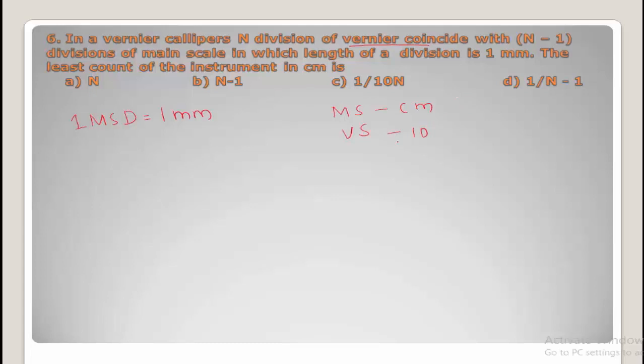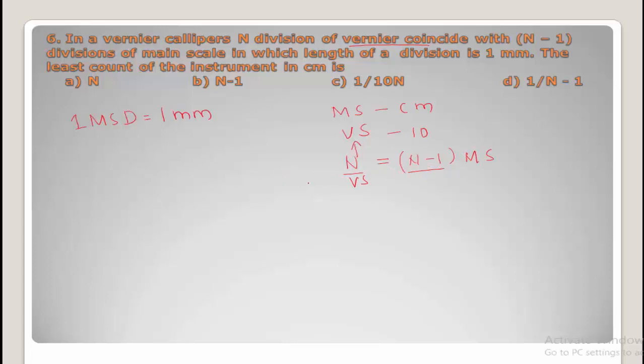Here the given is n divisions coincide with the n minus 1 divisions on main scale. So in vernier calipers, n divisions of vernier scale coincide with the n minus 1 divisions of main scale. Okay, this is vernier scale and this is main scale.